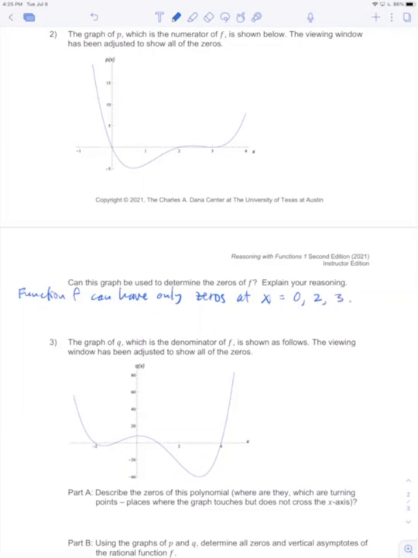Since these could be holes in the graph or vertical asymptotes, we cannot make any conclusions without also knowing when the denominator is 0.